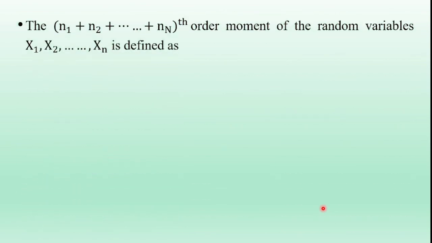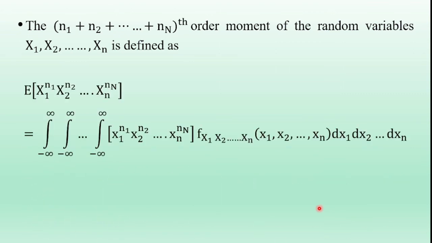So the same concept can be applied to n number of random variables. That is, the n1 plus n2 plus and so on nth order moment of the random variables x1, x2, x3 and so on x suffix n is defined as follows. Previously we defined for two random variables the n plus kth order moment.